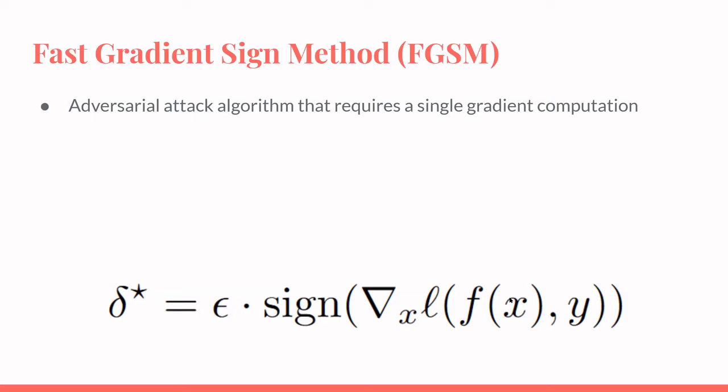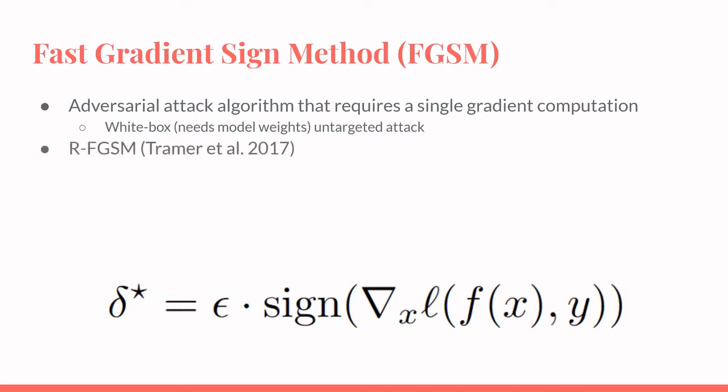We then take a step in the direction of the gradient with a magnitude of epsilon. This single gradient step computes the adversarial perturbation generated from fast gradient sign. This is a white box attack, meaning we do require the model weights, and it's also an untargeted attack.